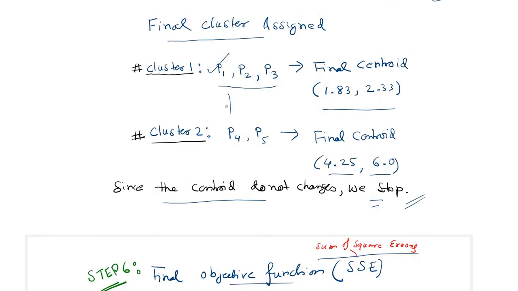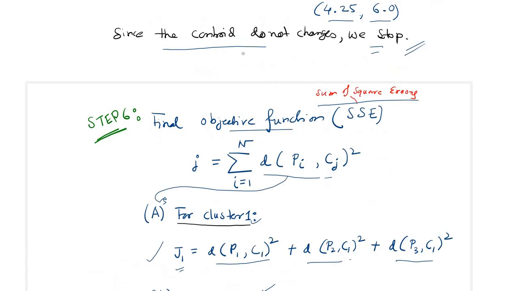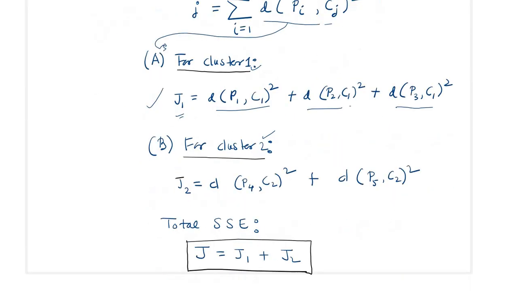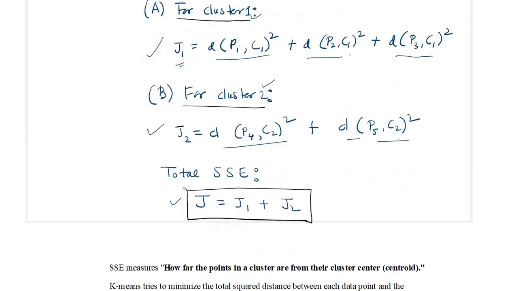Similarly for cluster 2 also we will find J2. That is the objective function as the distance between P4 and C2 squared plus the distance between the point P5 and C2 squared. So the total sum of the squared error is J equals J1 plus J2.